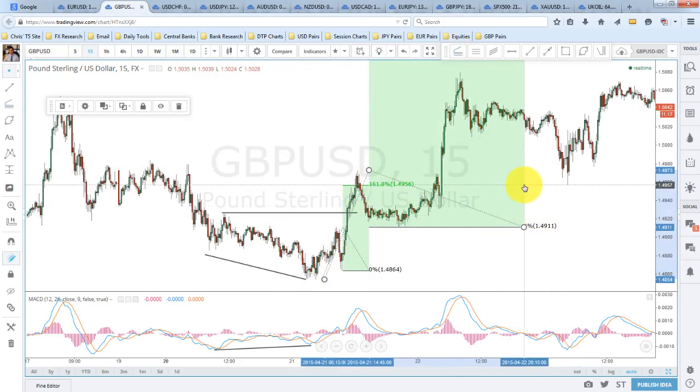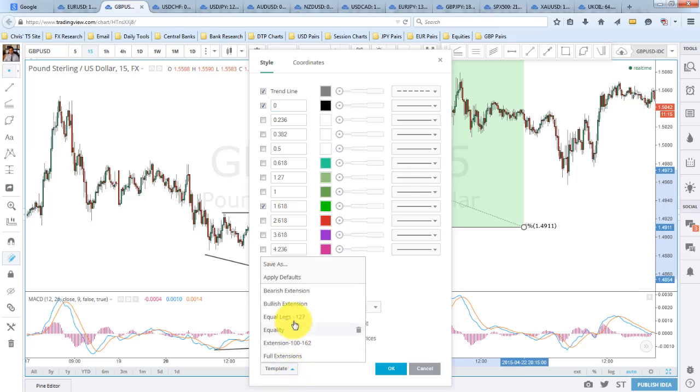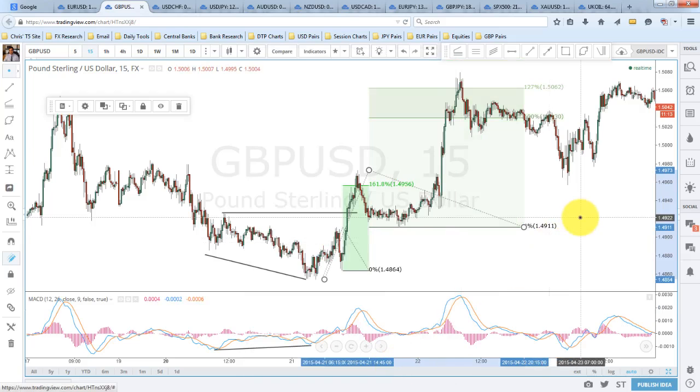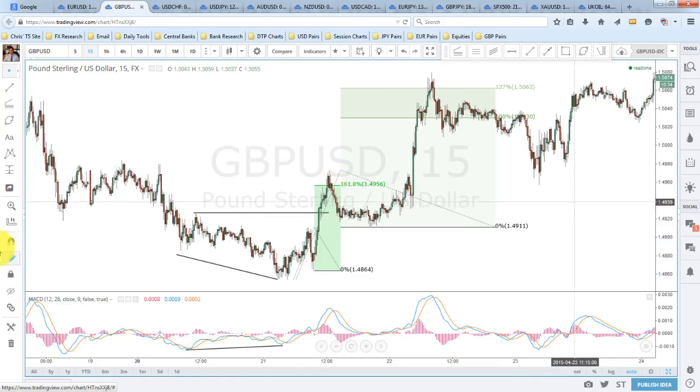and let's change this back to our regular equal legs 127, you can see that's right where we moved to. Equal legs 127% of this initial price rally. So we labeled this as a W, X, Y, and this cycle extended as well, which would have kept us with a bullish outlook.